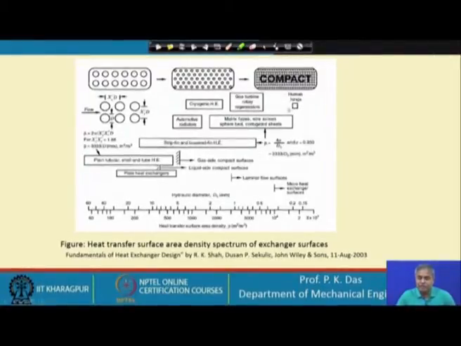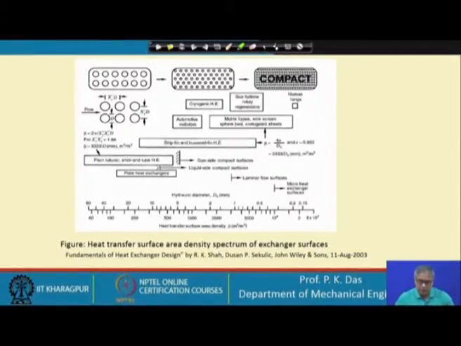We can see the human lung is much more compact compared to the man-made heat exchangers which have been shown. The human lung is an organ within the human body, but it also serves the purpose of exchange. Particularly, there is a lot of mass exchange through the human lung, and for that we also need a large surface area per unit volume. This is one example of how, by increasing the surface area within a small volume, you can have a very large rate of exchange.